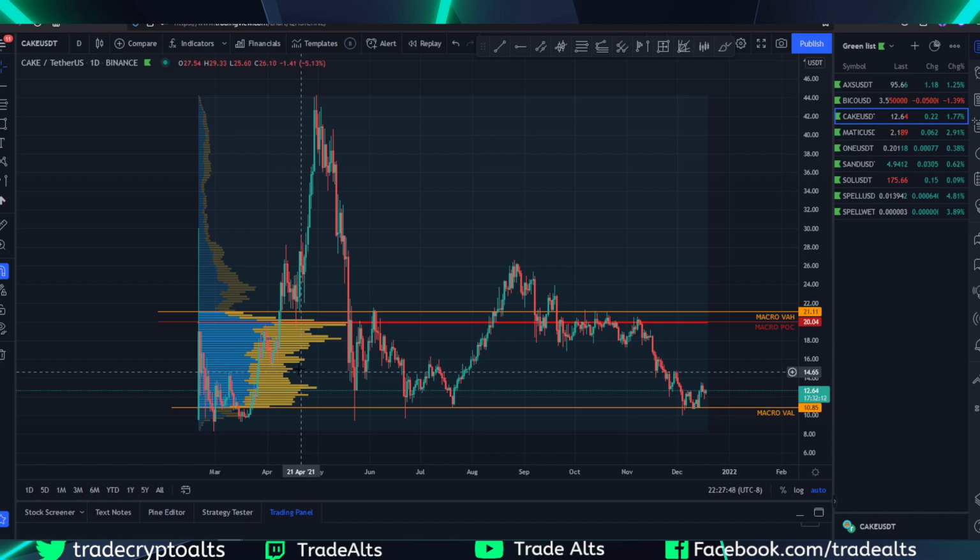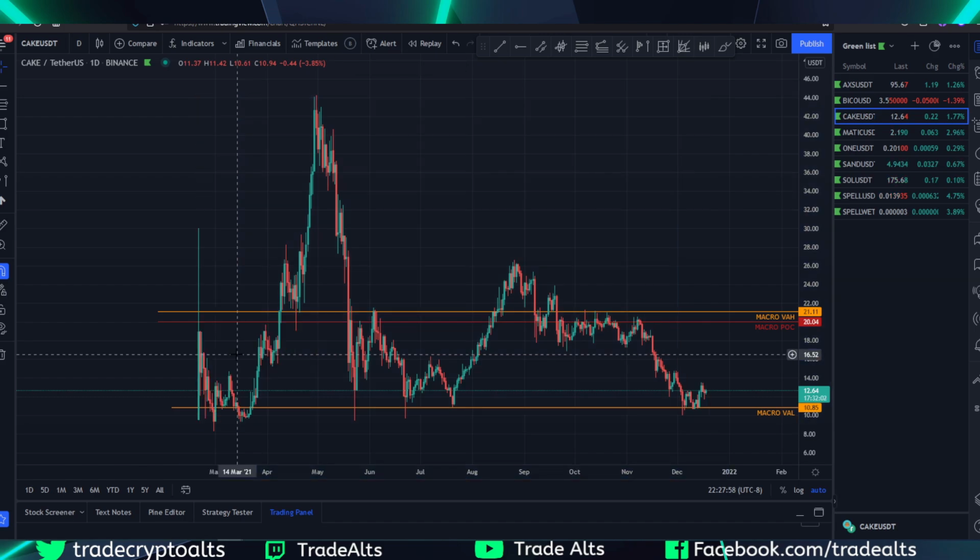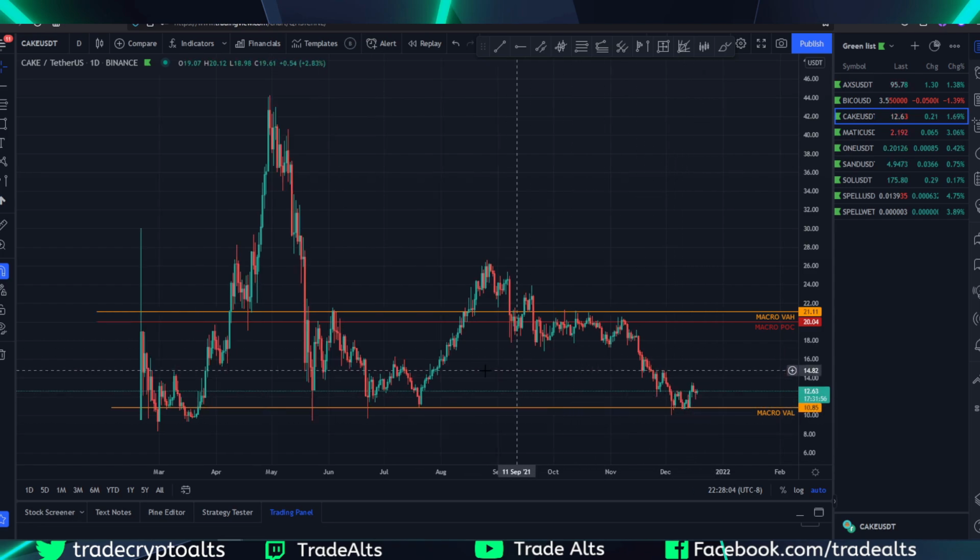But anyway, looking at this chart, the first thing, you have your macro value area low, which you can see was amazing, outstanding support. On this recent run up, nice rejection here, nice support here. Even breaking above, these levels are pretty good.